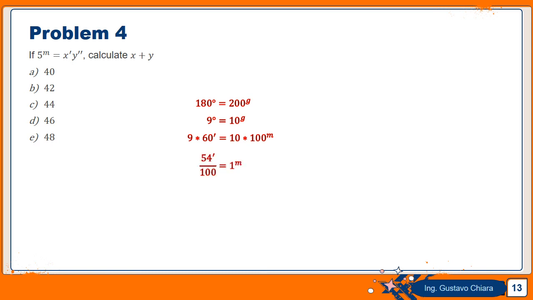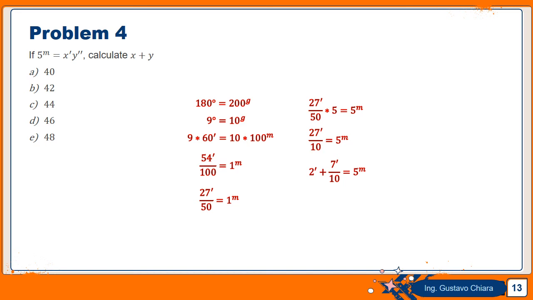Multiplying and dividing, we have that 1 minute is equivalent to 54 minutes divided by 100 in the other system. Reducing the expression, we have that 1 centesimal minute is equivalent to 27 divided by 50. Multiplying by 5, we have that 5 minutes is equivalent to 27 divided by 10. Reducing, we have 2 minutes plus 7 minutes divided by 10.